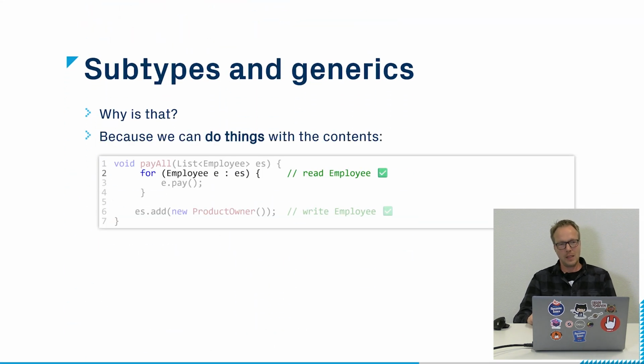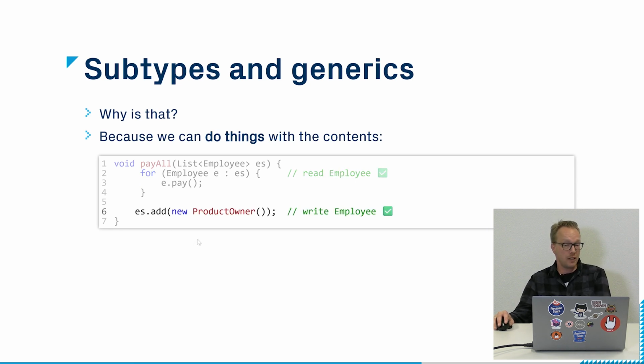Well, because we can do things with the contents of the container, the list. So it's actually not about the type being list here and not list of employee. For example, we can iterate through it, we can read employees from it, we can call the pay method on it, and we can add a product owner to the list.